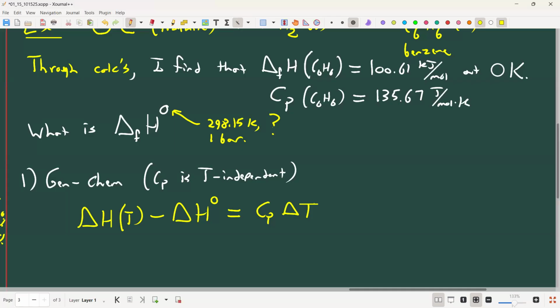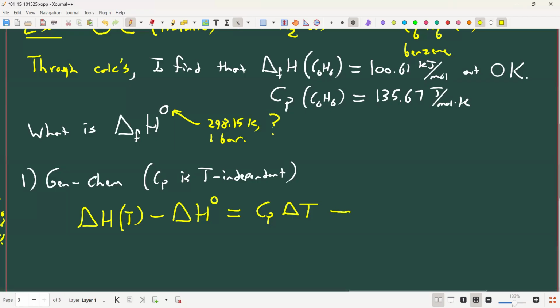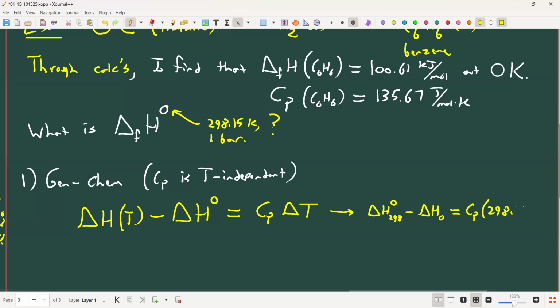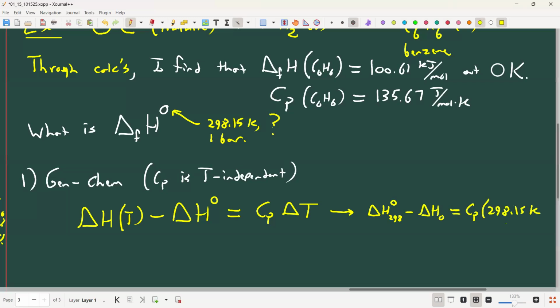So I have to be careful about what I set 298 to and things like that. But what we can say, once we arrange this, is that the enthalpy standard at 298 minus the enthalpy at 0 is equal to Cp times 298 Kelvin minus 0 Kelvin, right?